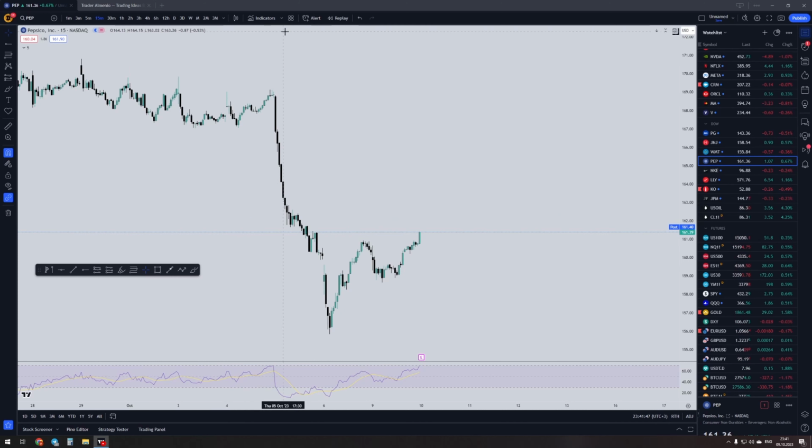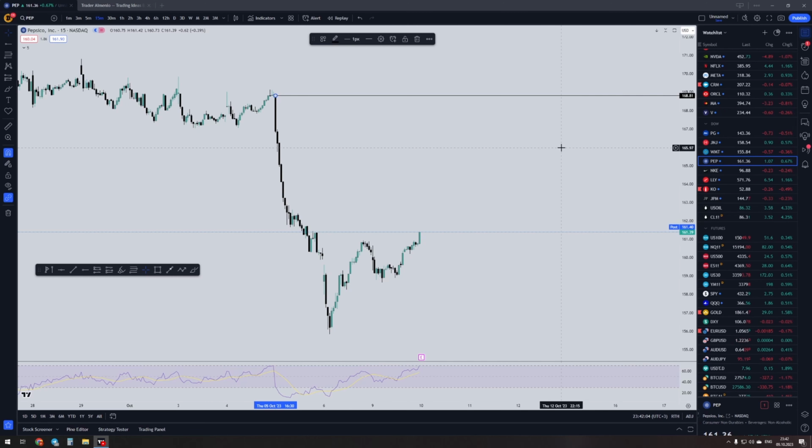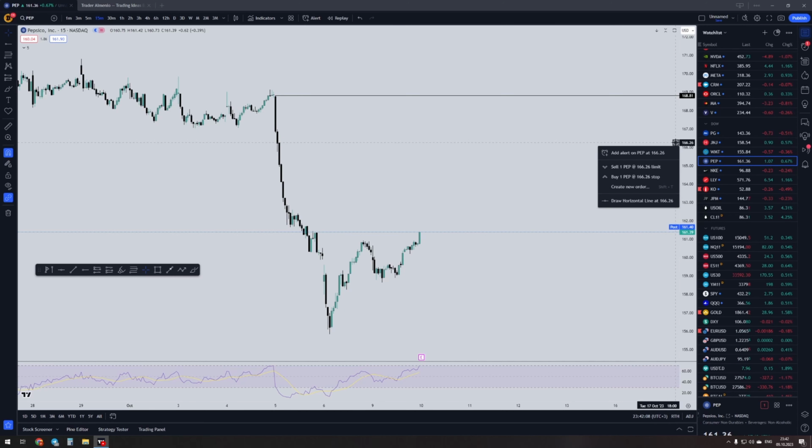What else? About alerts, you can set an alert just by drawing a trend line, and you can set an alert, right, like this. I think everyone knows it, but you can also set an alert by clicking on this plus.